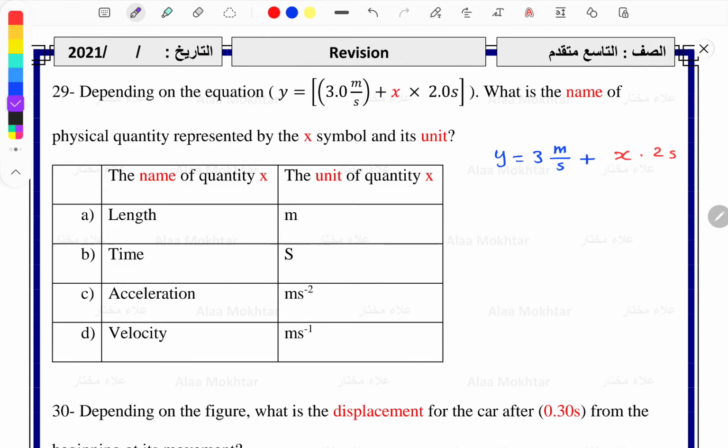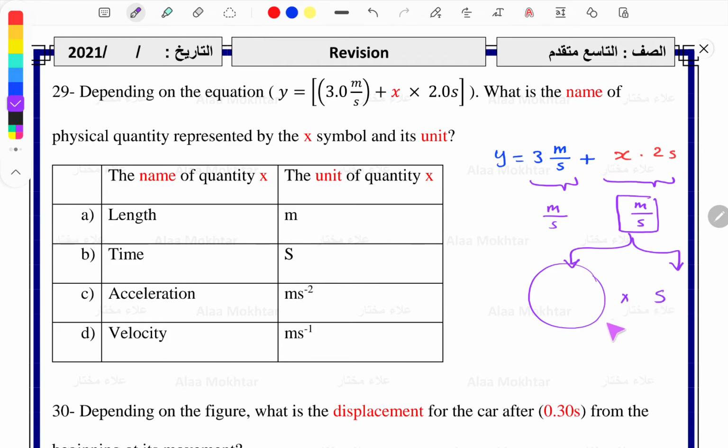The first part of the equation is meter per second, so the next part must be meter per second. This is two things. Something I don't know the unit for, it's called x, and the other thing the unit is second. I need to get meter per second. What should I write here?